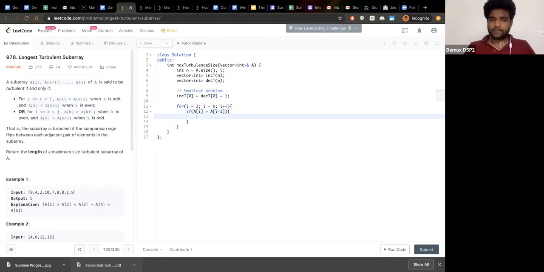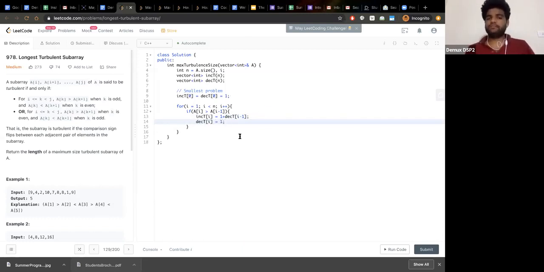That means INCT of i will be 1 plus DECT of i minus 1. Whatever I got such that the last line was decreasing, I added 1 to that. And what will be DECT of i? That will be 1, just this number.